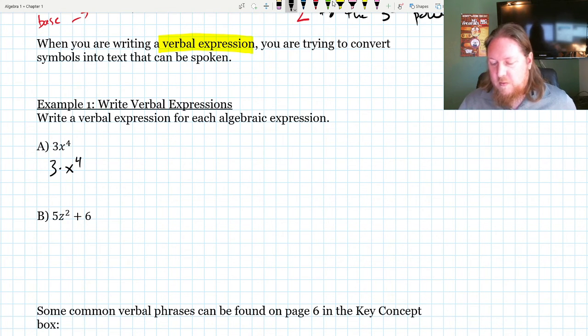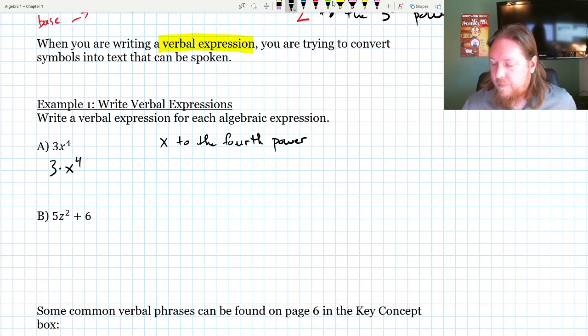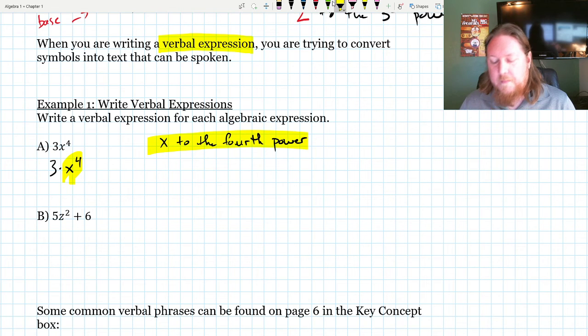So if I were to think about each of those things individually, x to the 4th power, I'll write it out in words here, that's this part of the equation, right? Those match up there. I have to have the 3 times that though.